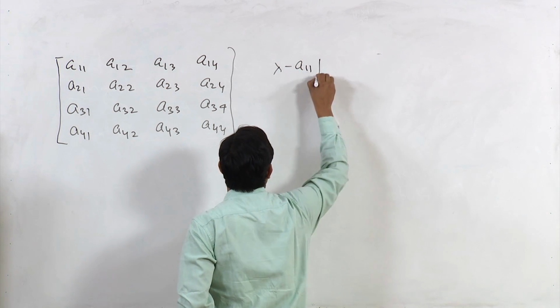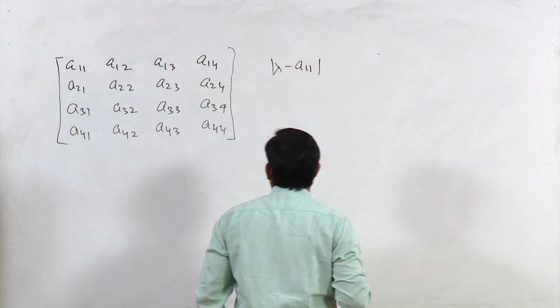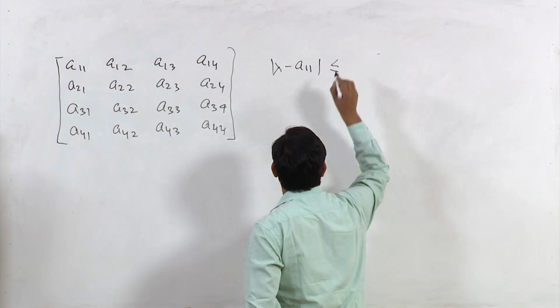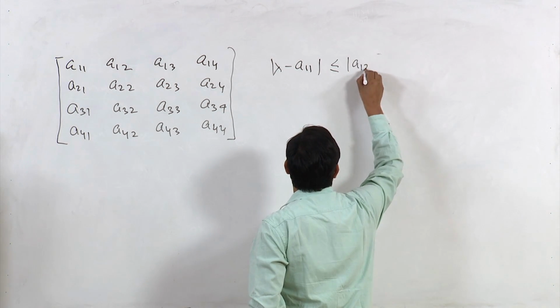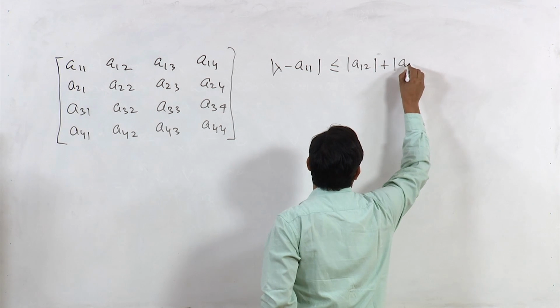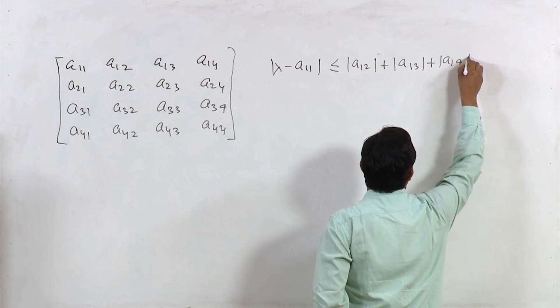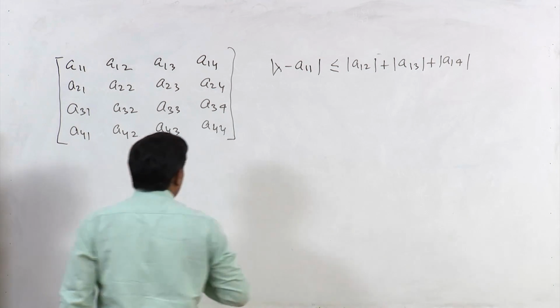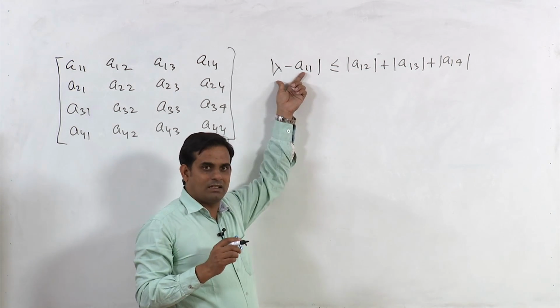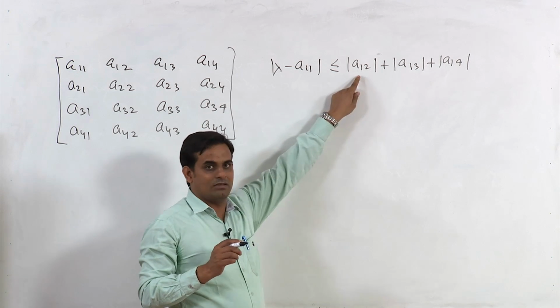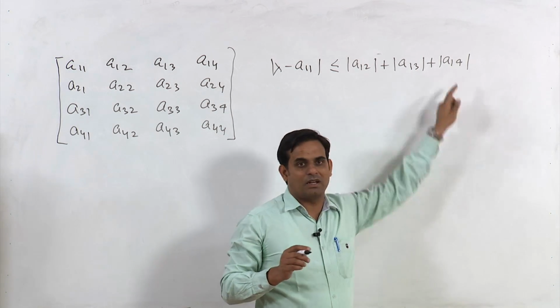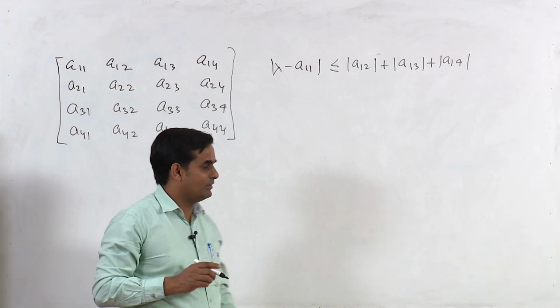From the first row, I am saying that |lambda minus a11| is less than or equal to the absolute sum of the rest of the entries from the first row, a12 to a14.